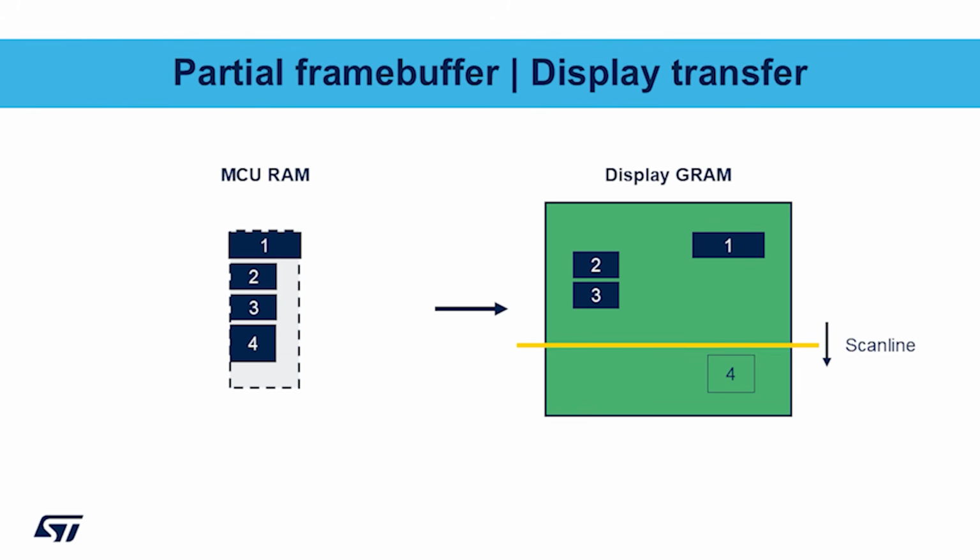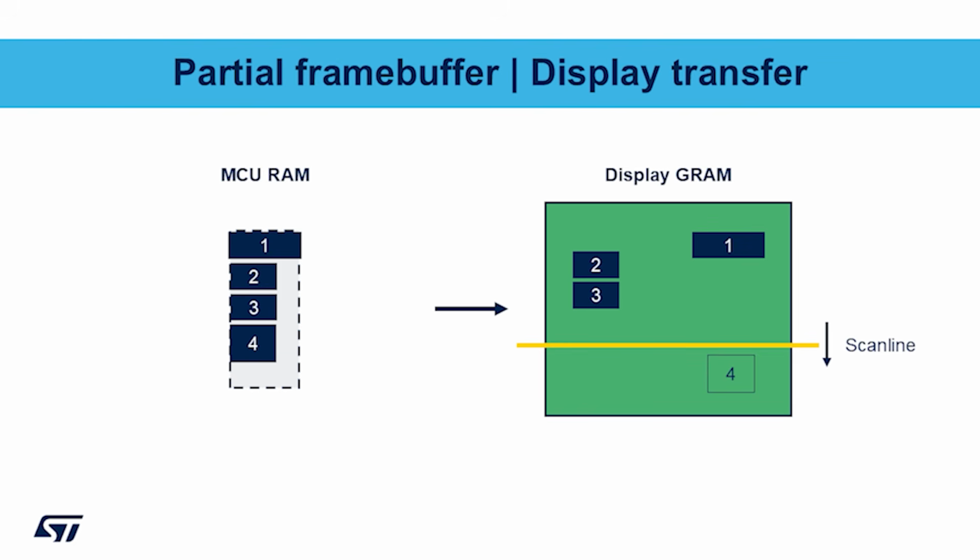The transfer to the display is done with respect to the display scan line to avoid tearing. Blocks 1, 2 and 3 have already been passed by the scan line and have been transferred, while block 4 is still waiting for the scan line to pass before it can be safely transferred. The remaining green area of the DRAM is unchanged by the GUI between the two frames, and it will therefore be displayed again without changes.